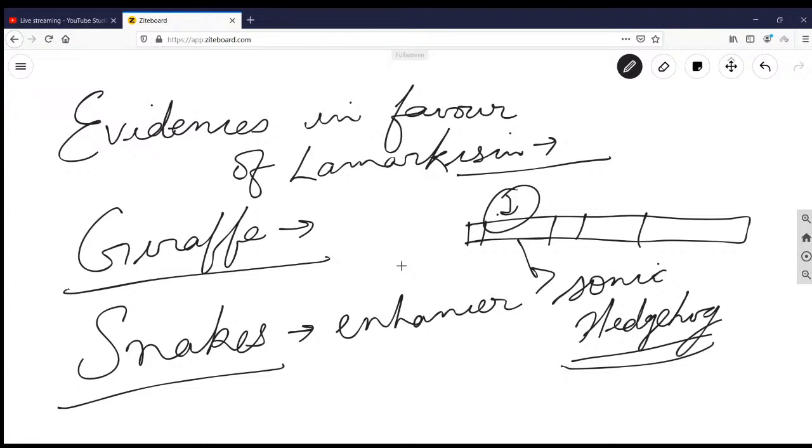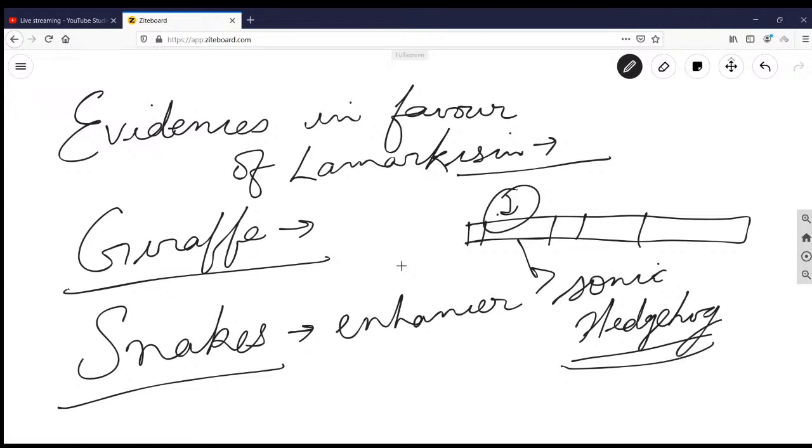Again, it is an exemplar of both extra use of skin and toes and disuse of wings. One more evidence, if you want more: development of flightless birds like ostrich from flying ancestors due to continued disuse of wings, as they were found in well-protected areas with plenty of food, so they didn't feel any need to fly. This was again one of the evidences.